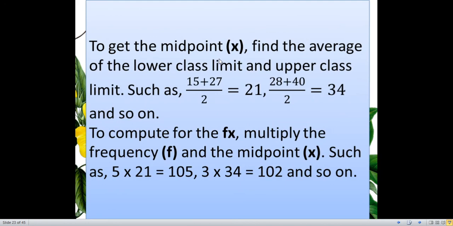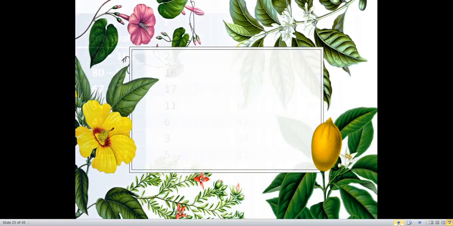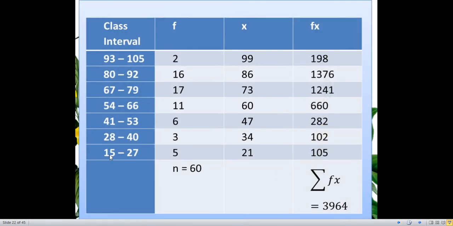To have a further explanation of how it is obtained, here it is. To get the midpoint, find the average of the lower class limit and upper class limit, such as 15 plus 27 over 2 equals 21, 28 plus 40 over 2 equals 34. Let us go back to the slide. Here it is: 15 plus 27 over 2, we have 21, 28 plus 40 over 2 is 34.